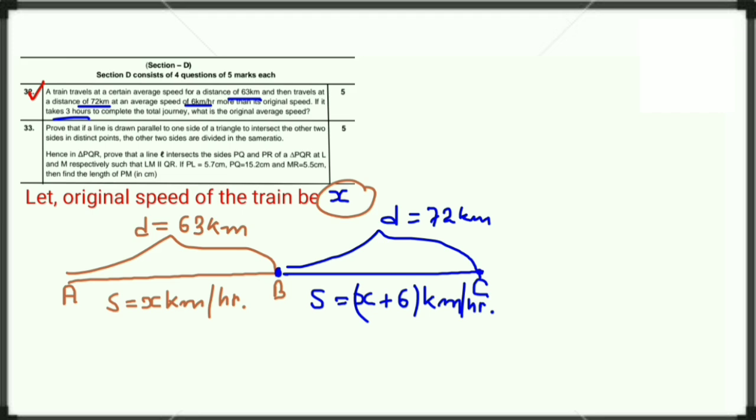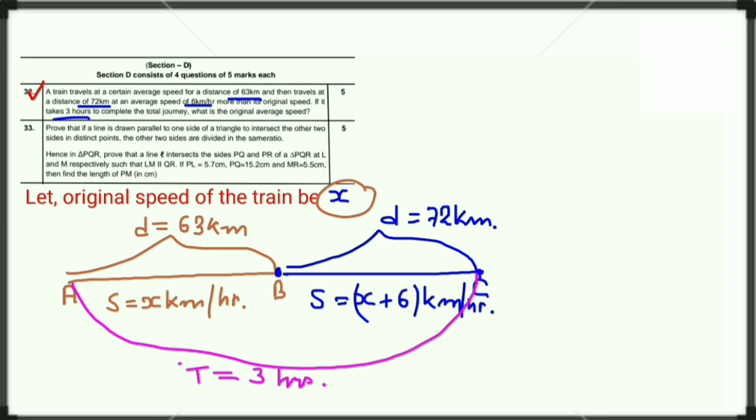And here it has been written, if it takes 3 hours to complete the total journey, it means to cover the distance from A to C, it takes a total time of 3 hours. So here total time taken is 3 hours.